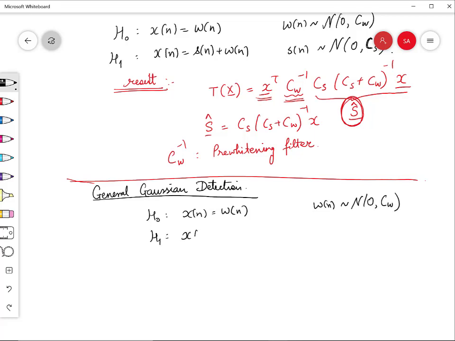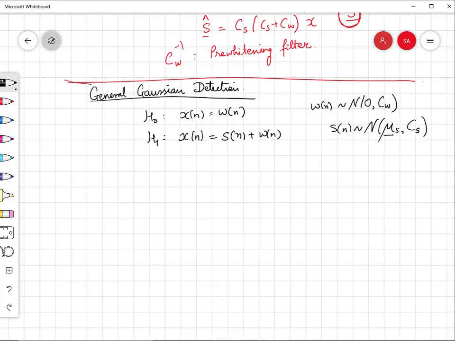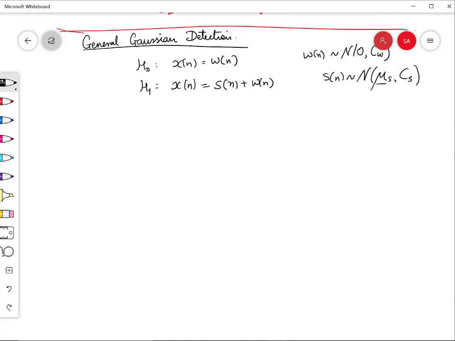Now I'm going to take my signal to be a non-zero mean Gaussian. So let me take it to be mu_s, this is a vector, and Cs, which is a matrix. Okay, Cs is a covariance matrix. And for this case, let's figure out what is going to be my NP detector.